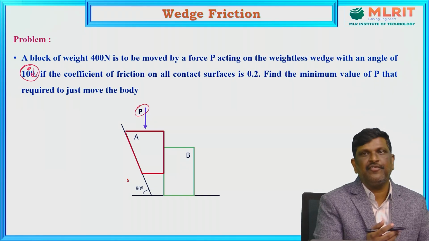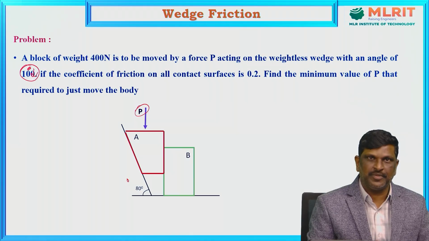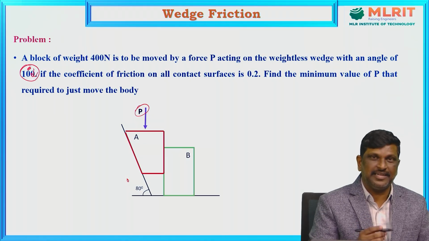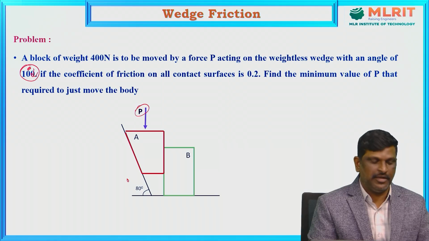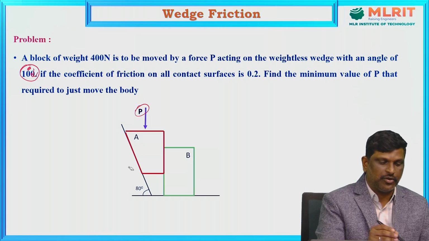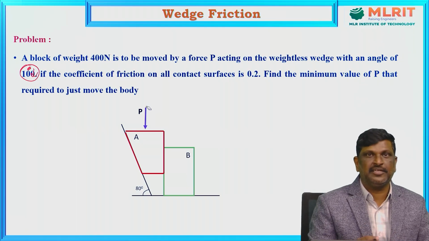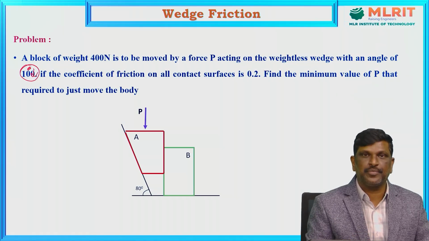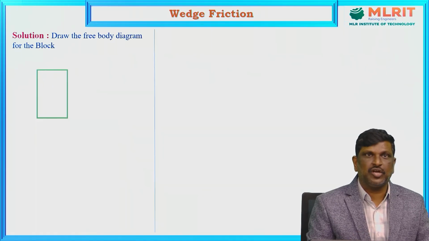After that, any force you apply will move the body. And if you apply a force less than the minimum, the body will not move. For that reason, we are calculating the minimum effort required to just move the body to the right side. Now let us start the solution.